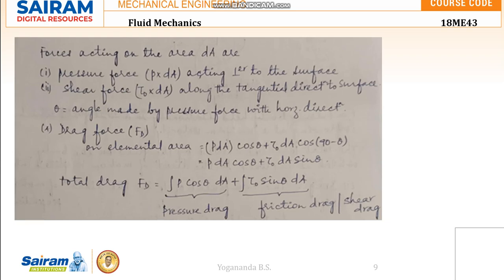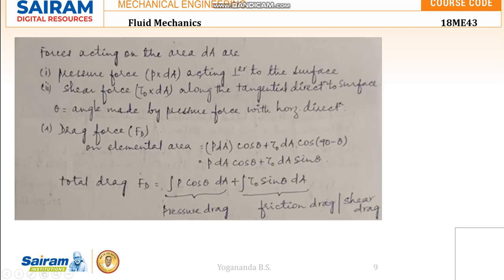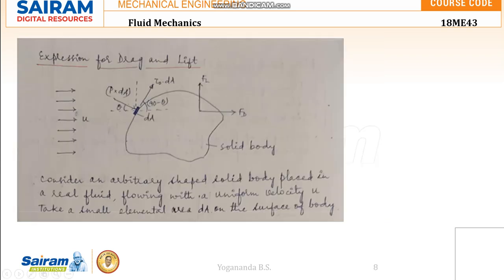Then we have now the drag force FD and lift force FL. So the drag force FD on the elementary area: we have the horizontal components of these two inclined forces. One is P dA with theta made with respect to the horizontal axis.